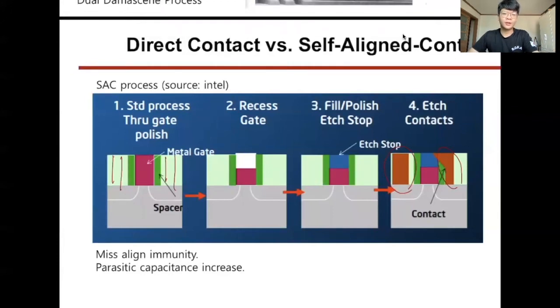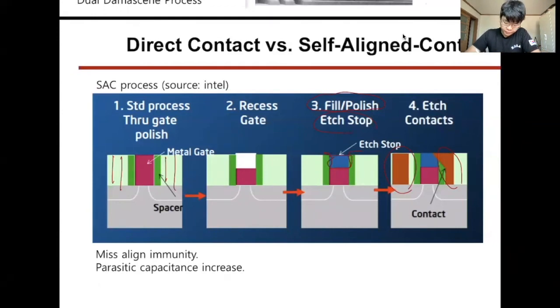For the SAC process, after we make the dummy gate, etch down the dummy gate and grow the high-K metal gate, we etch down some part of the gate and fill the etch stoppers, like the blue color.